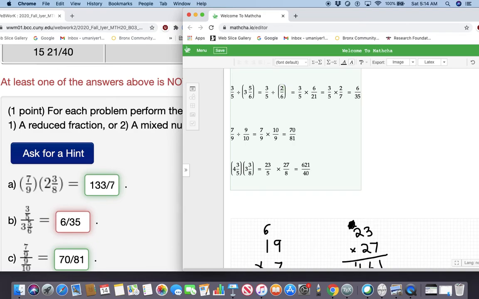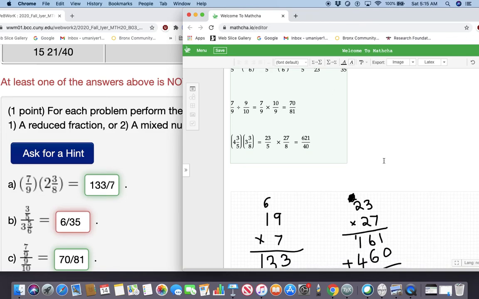That's a mistake I made. When I divide by a fraction, I multiply by the reciprocal. So this does not reduce; nothing in the top cancels with anything in the bottom. So that's 18 upstairs, 3 times 6.